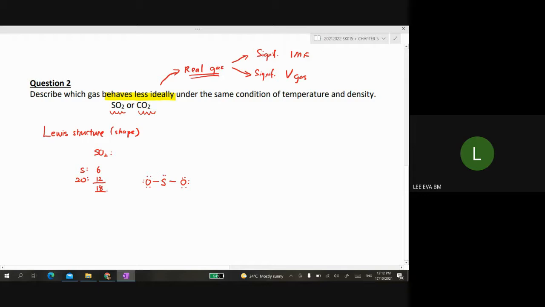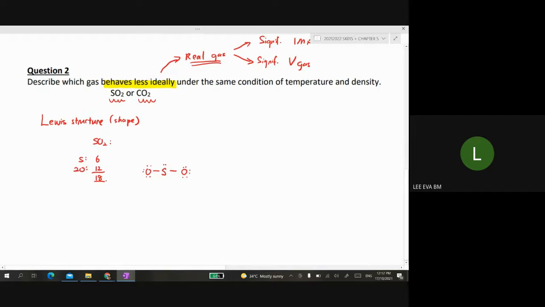Is this my Lewis structure? Is this Lewis structure final? No. Not yet, right? So we need to make the sulfur in the middle, the central atom, octet. So we borrow one of the lone pairs from a surrounding atom, making a double bond. Now if you calculate the total valence electrons, just nice, 18.